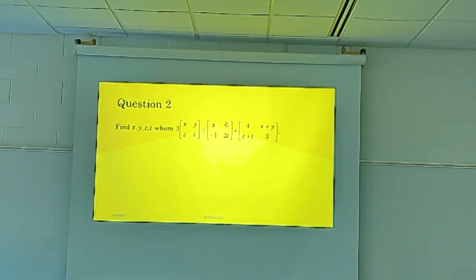Nah, that's enough with numbers, numbers are boring. Let's do some algebraic equations. We're solving for x, y, z, and t. This implies, on the left-hand side, do the scalar multiplication.